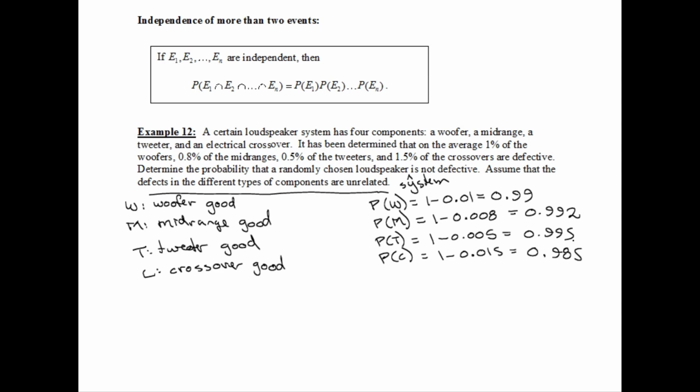Okay, so now I have probabilities that all of these are good. In order for my loudspeaker system to be good, I need all of these events to happen. It has to have a good woofer, and also a good mid-range, and, remember intersection means and, a good tweeter, and a good electrical crossover. According to our fact about independent events, this intersection ought to be equal to the product of the probabilities of the individual events.